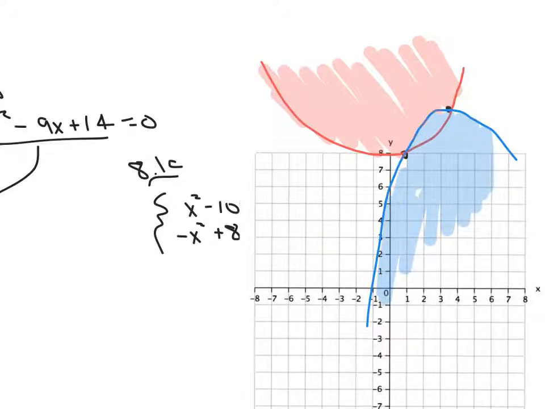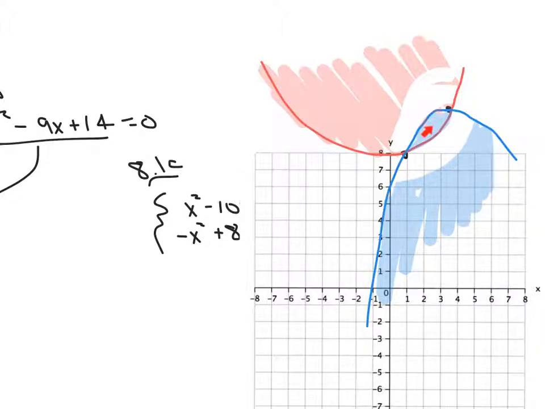So what do they have in common? They have in common this information right there. Okay, that is what should be shaded. Okay, because less than would be below, greater than would be above, and that's where they meet.